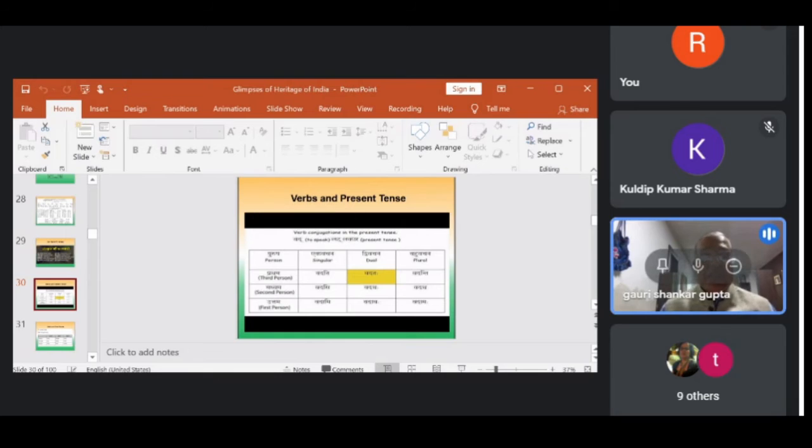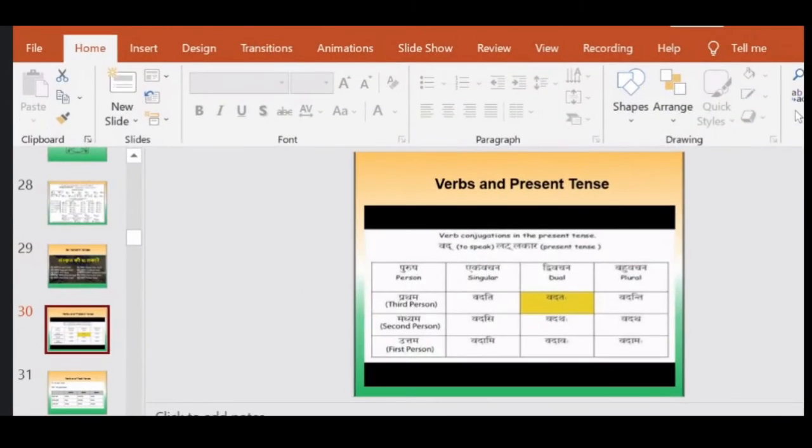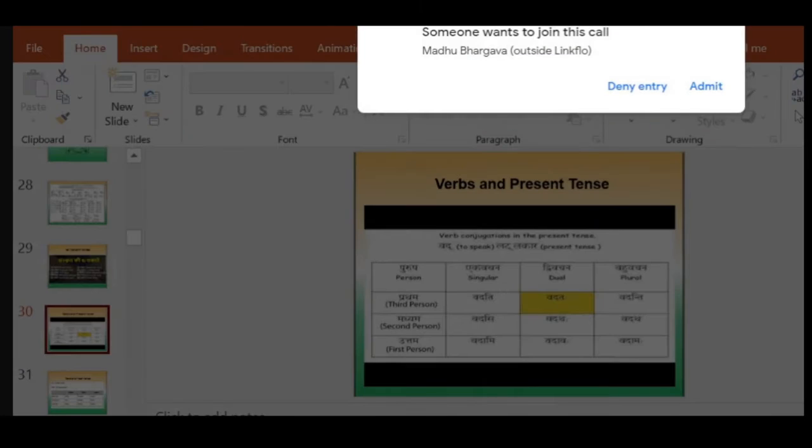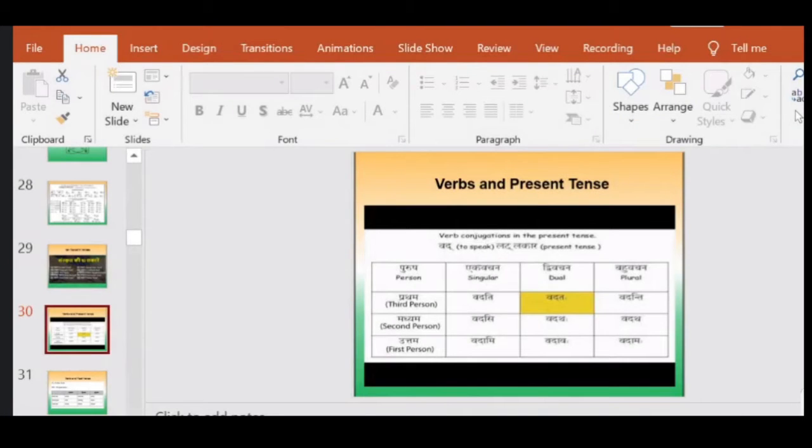For example, if I say I am saying, I will say aham vadami. Aham is me, vadami means I say. And if I say that Rajesh is saying, then I will say Rajesh vadati. It will be the third person. Rajesh says this.